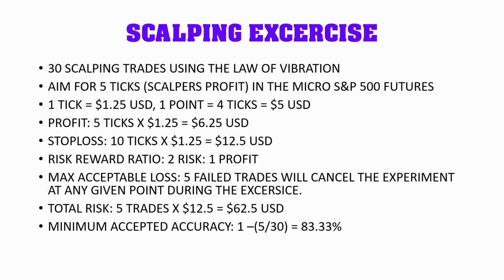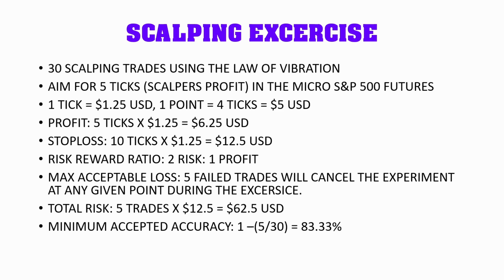And I will be performing this in the micro S&P 500 futures, which is the smallest contract in the S&P 500 futures, where 1 tick equals $1.25, and 1 point equals 4 ticks or $5. So the profit of one trade will be 5 ticks times 1.25, around $6.25.